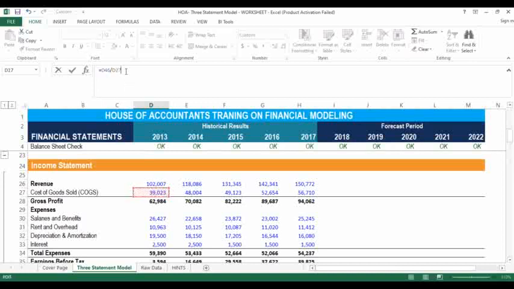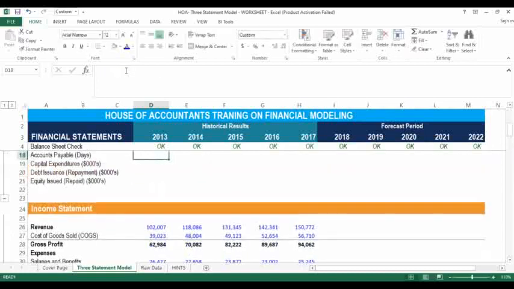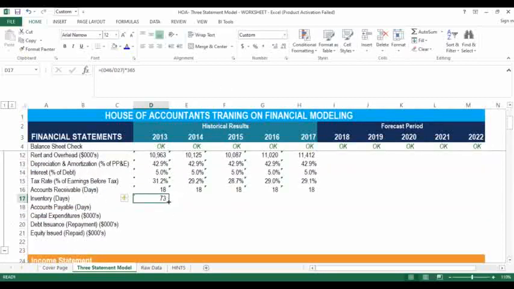Then multiply by 365 days. And then we get our percentage as it ought to be. And we have 73 all through as well.